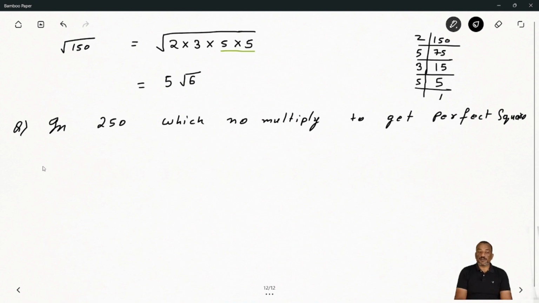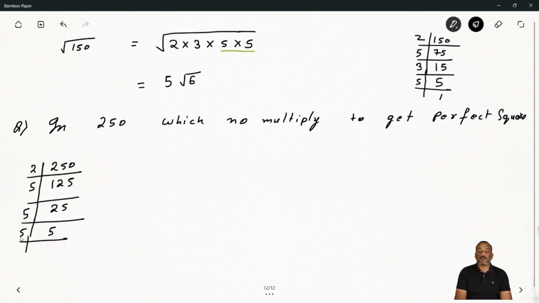So first, we have to do the prime factorization of 250. So 250, you will get 125. Now again 125, you can say 5, so you will get 25. Now after that, here 5, you can get 5. Now after that 5, we will get 1.